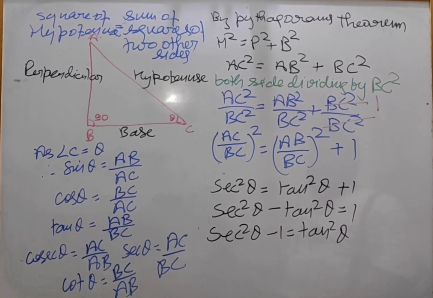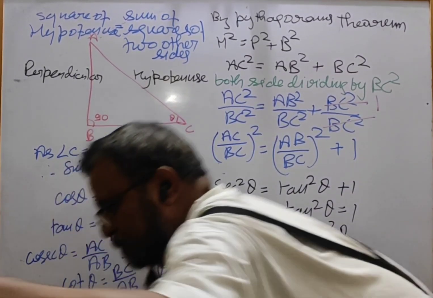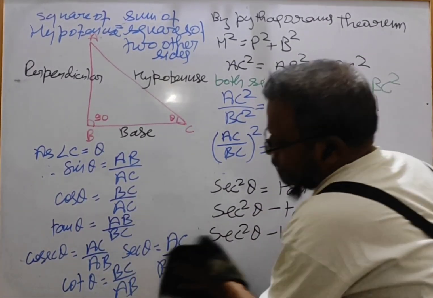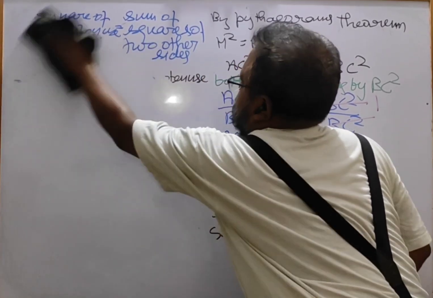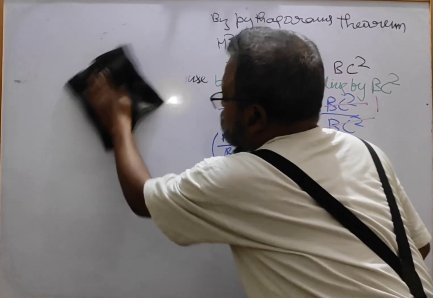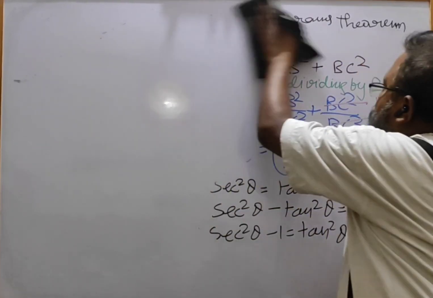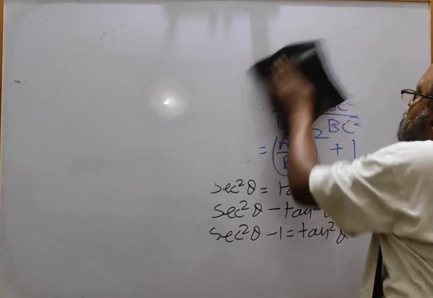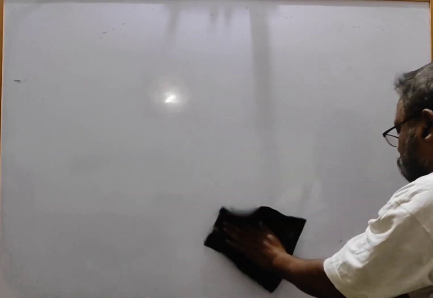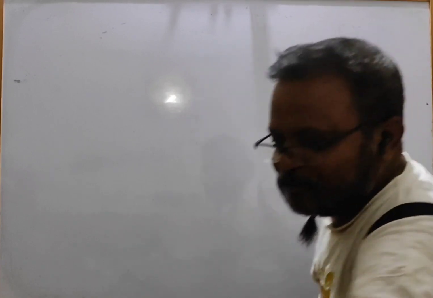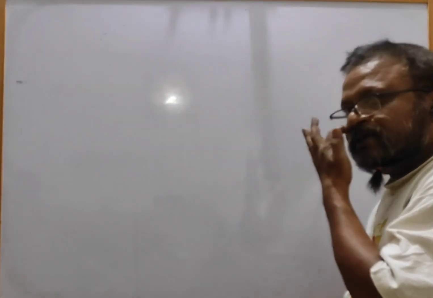Okay. Could I rub this? Okay. So what I am going to tell you is the thing which I remember only from my teacher who taught me mathematics, trigonometry, in class 9 during my childhood.